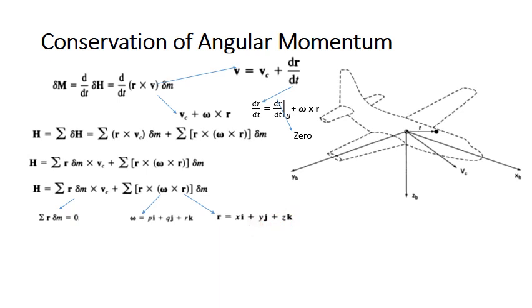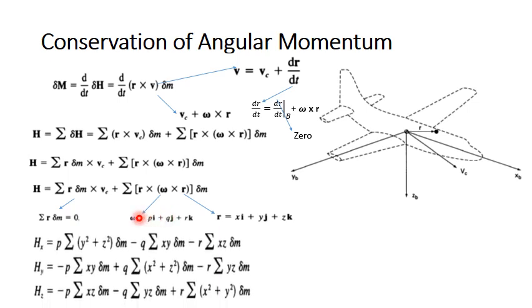Substituting and expanding the angular momentum equation and equating i, j, and k coefficients from both sides, we get the scalar components of the angular momentum as follows.